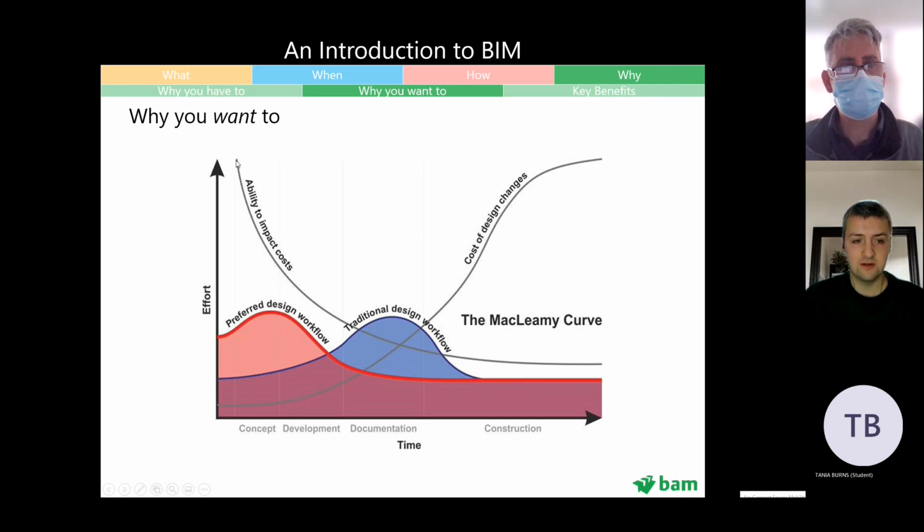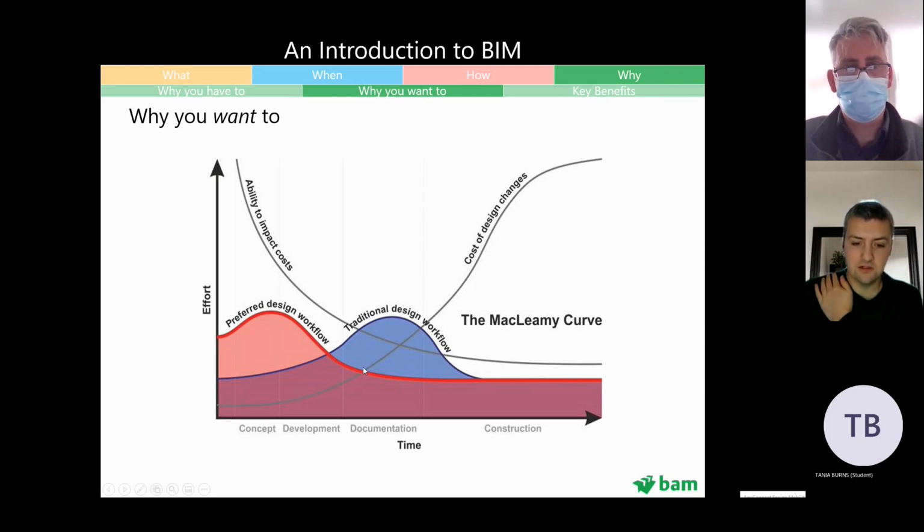You can make whatever decision you want to save money. So your preferred design workflow is to do your design work here where your costs are low. And this one is your cost of design changes. Obviously at the beginning, it doesn't cost anything to make different decisions. The cost gradually goes up.